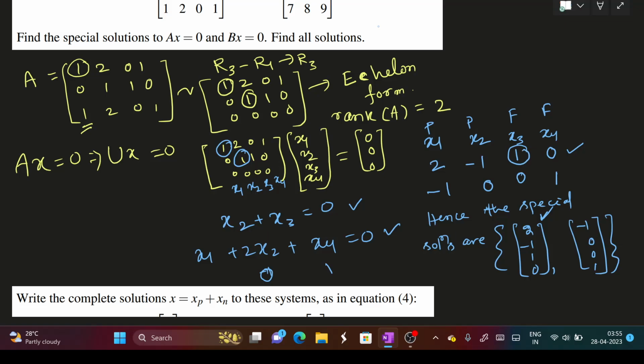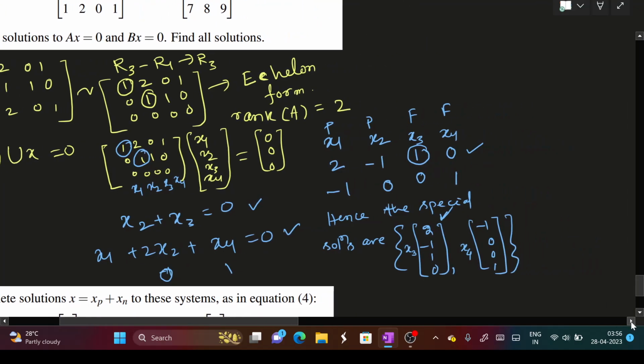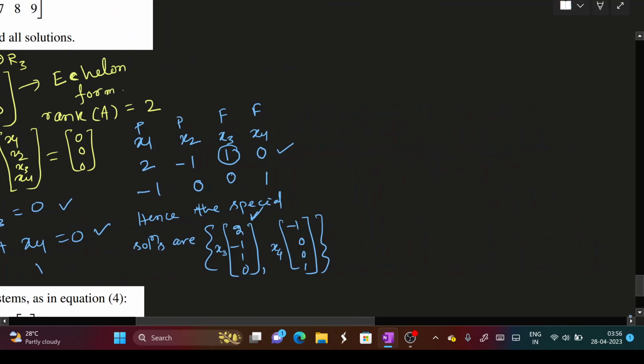This is my x3. So if I am interested, I can write here x3, comma, for the second vector x4. Means this first vector is multiplied with x3, second vector is multiplied with x4. In this format I can write. But even if I am not writing, still the answers are correct from the examination point of view.